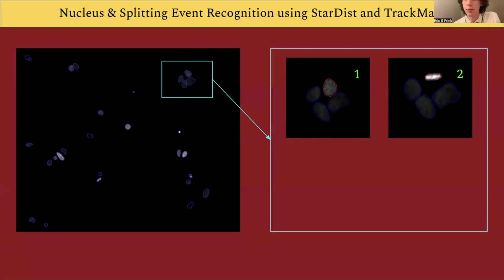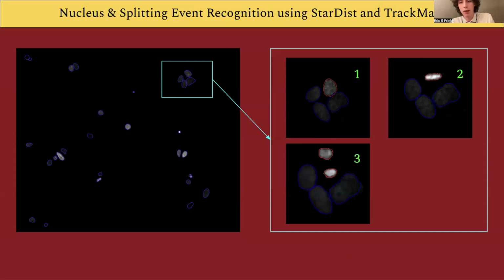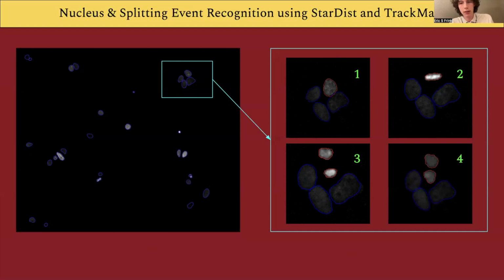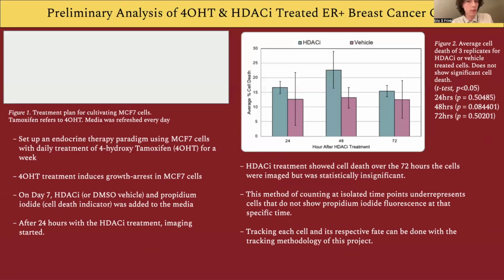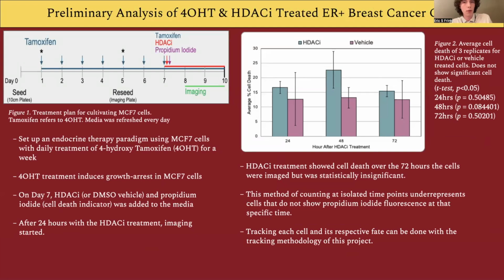And so in the first image, we have the base cell, and then second, it starts to condense. And then here it splits. And then in the fourth one, the cells grow into two different cells healthily. And it recognizes the splitting event.